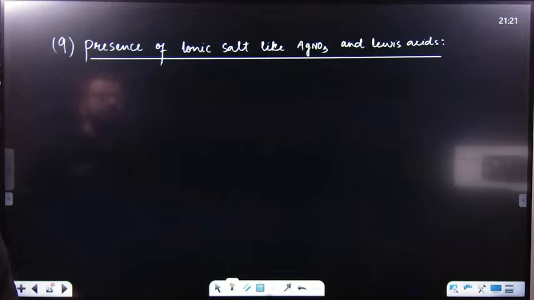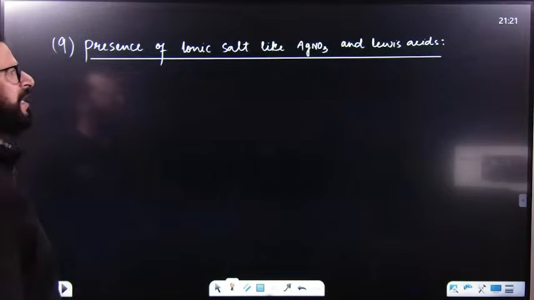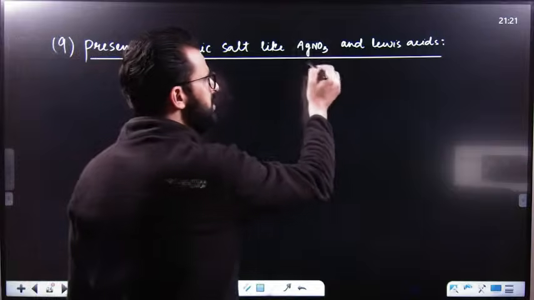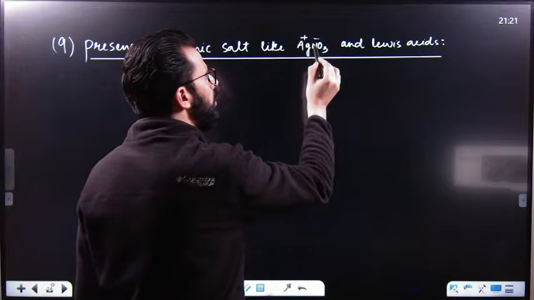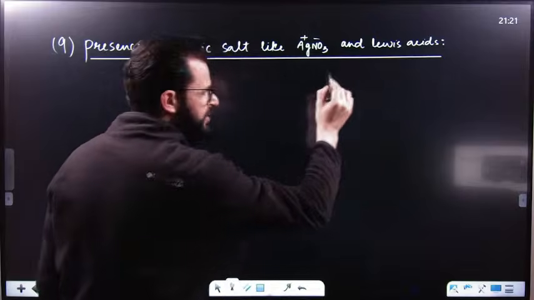After that, the next point is presence of ionic salts like AgNO3 and Lewis acids. In AgNO3, Ag positive is there and that will also act as a Lewis acid. Have a look.